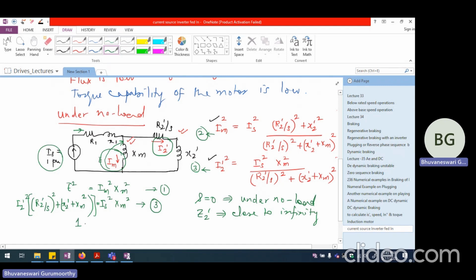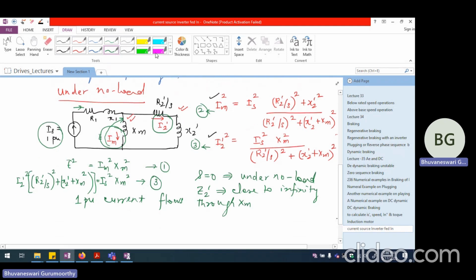So 1 per unit current flows completely through Xm, because of which we are going to have saturation occurring in the motor drive. So saturation occurs in the magnetic circuit.